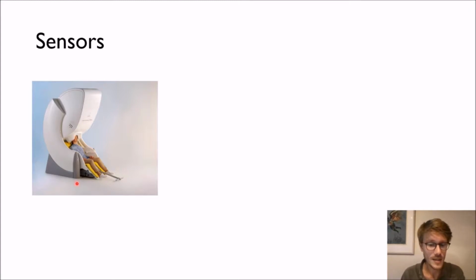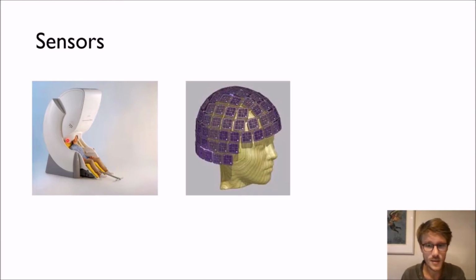So this means that we need some good protection from other sources that create magnetic signals, and also we want to be as close to the source of our signal, so as close to the neurons in the subject's brain as possible. So the sensors of an MEG are located in the helmet right here. And it would look something like this if a subject is perfectly oriented in the MEG system.